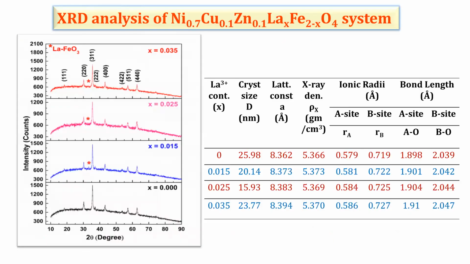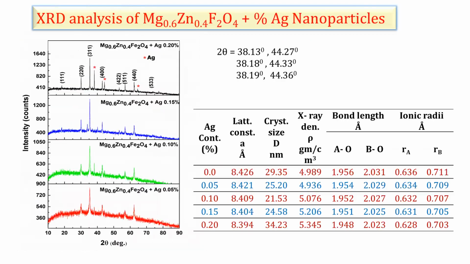Now this is the XRD analysis of lanthanum substituted NiCd ferrites. Here, the existence of these peaks indicates the formation of a cubic spinel structure, in addition to an orthoferrite phase, due to silver. Here we have to get the silver phases, or metal silver phases.